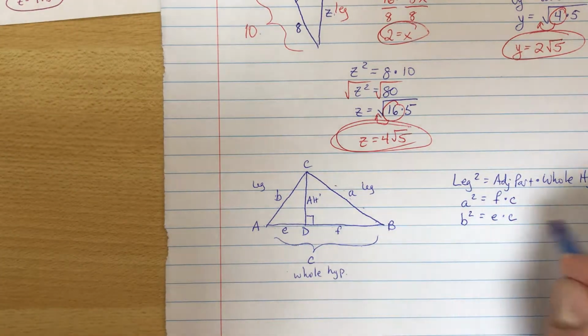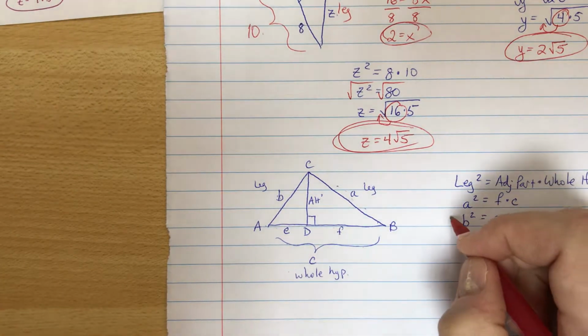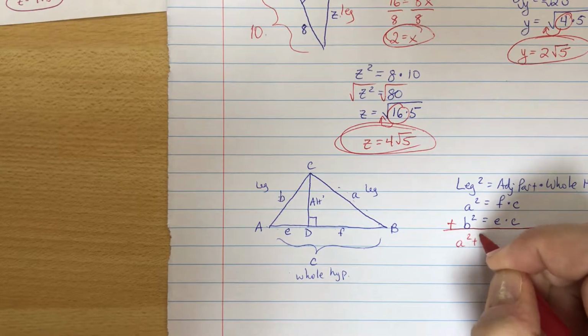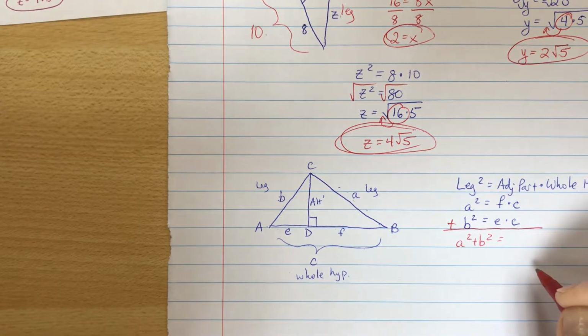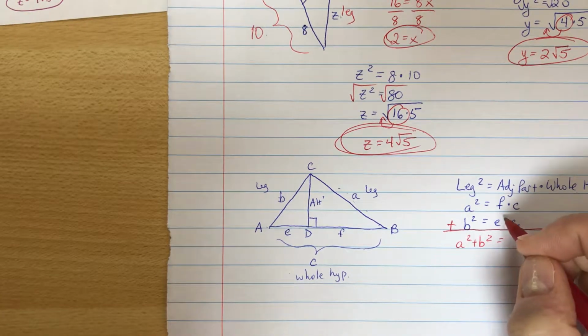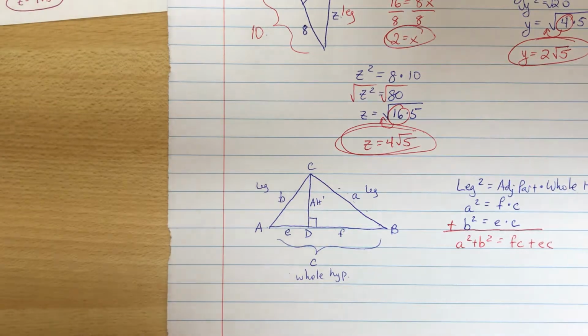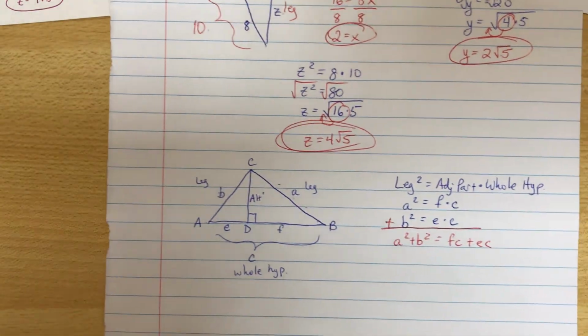If we add those two equations together, we get A squared plus B squared equals, I'm going to write that as FC plus EC.